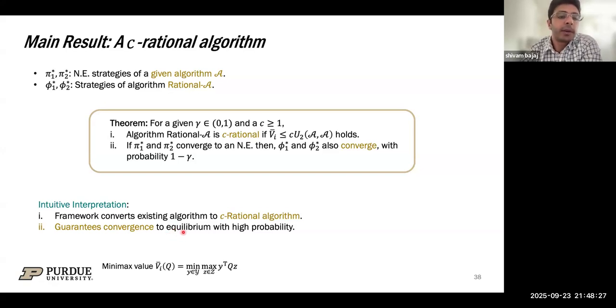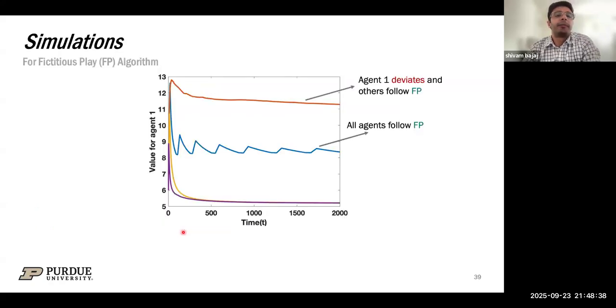Okay, so we are ensuring robustness without really jeopardizing or trading off the guarantees of convergence. So that's the main idea behind this result. Okay, so as a numerical illustration, I consider fictitious play as the example, and this blue curve denotes the payoff for agent one when every agent is following this fictitious play, which has been proposed in the literature.